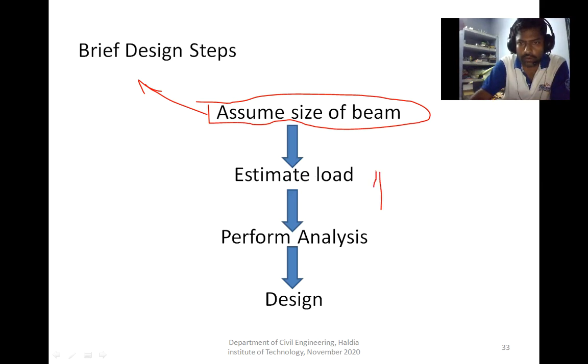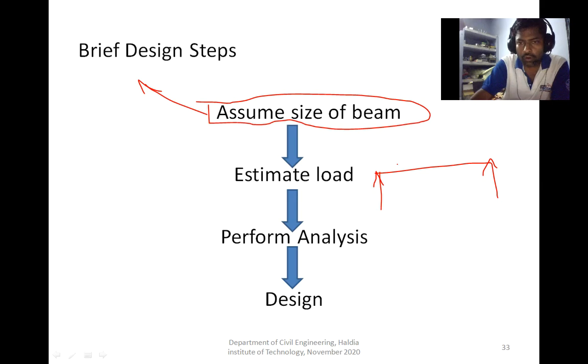Suppose this is a simply supported beam, and the load comes. If I consider a building frame structure, load transfers from the slab to the beam, and if any wall is raised over the beam, this wall load is also subjected to the beam.